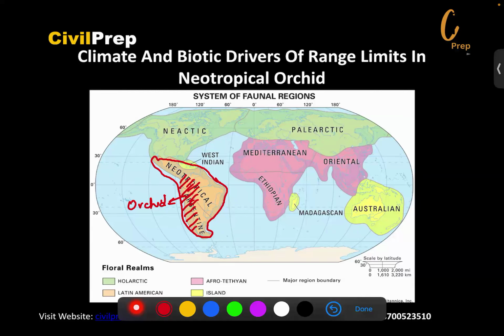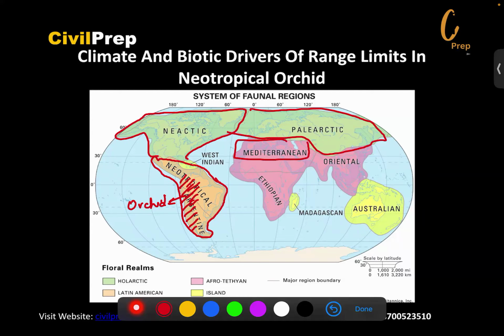Now there are other regions we can see here also, that is Nearctic, Palearctic, Mediterranean. Then here we have Ethiopian, then Oriental, Indomalaya, basically Madagascar, Australian, or we can also call it the Notogaea, consisting of parts of Australia, New Zealand, and the other islets in the particular region there.